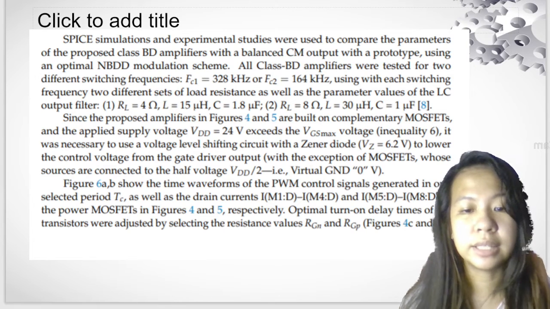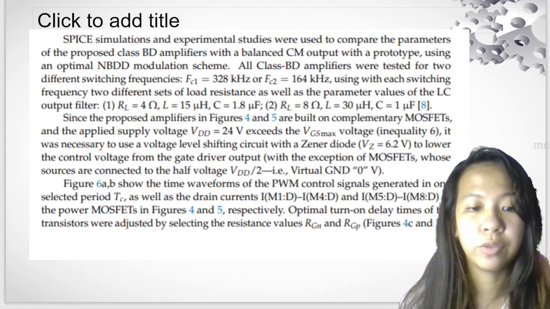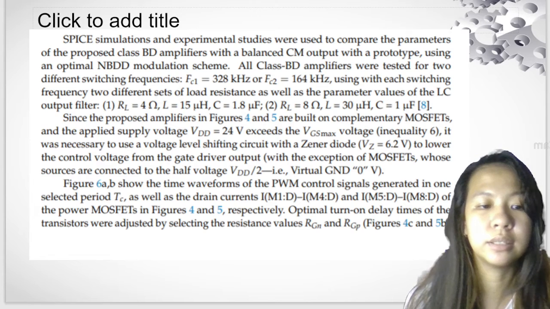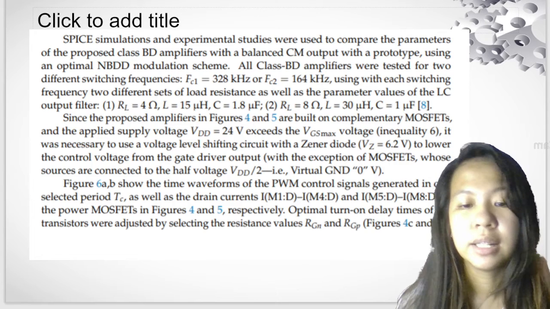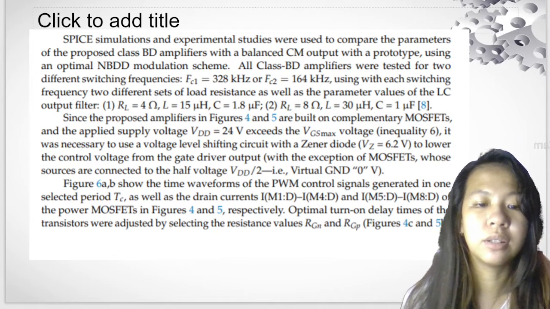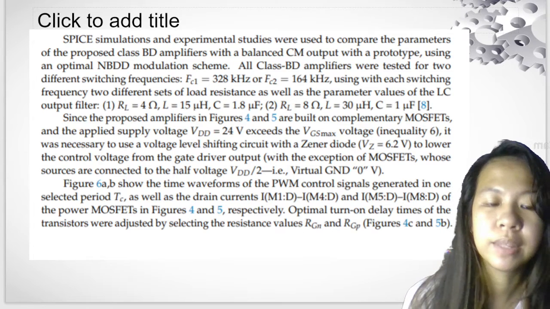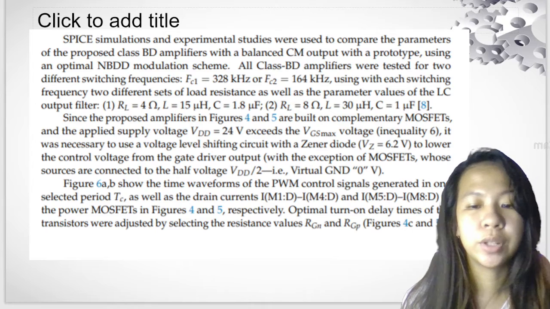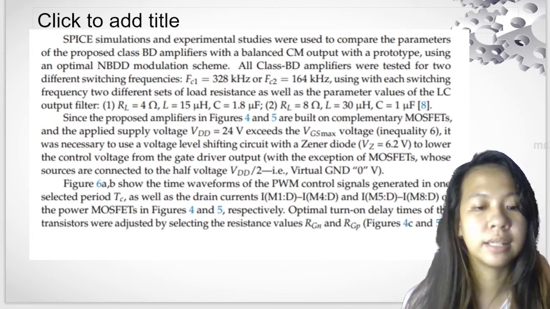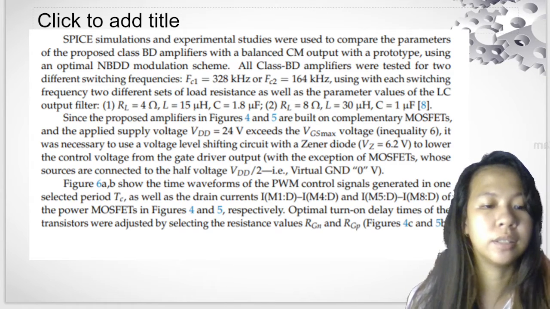In figure 6, A and B show the time waveforms of the PWM control signals generated in one selected period, T_C, as well as the drain current of the power MOSFETs in figures 4 and 5 respectively. Optimal turn-on delay times of the transistors are adjusted by selecting the resistances R_GN and R_GP.